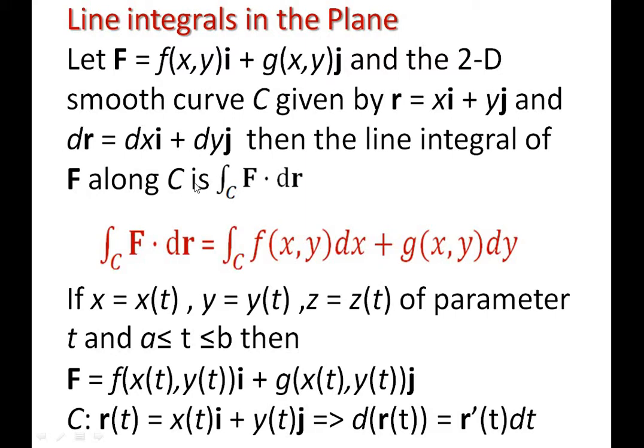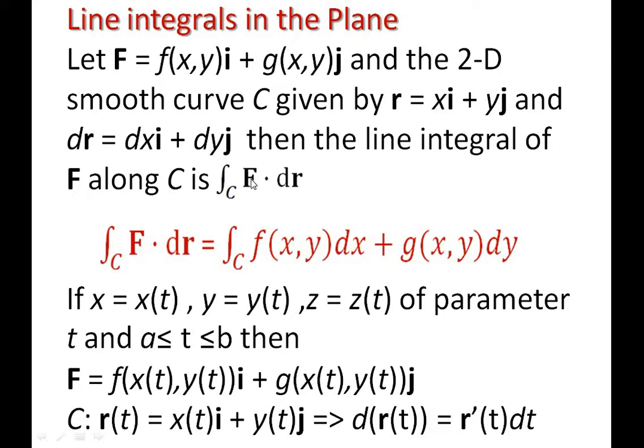Then the line integral of F along C is denoted by integral over C of F dot dr, where C is the smooth curve r equal to x i plus y j. Then dr equals dx i cap plus dy j cap. Here F is the vector function, F equal to F i cap plus G j cap. Here we only have two coordinates x, y because we are considering the plane.